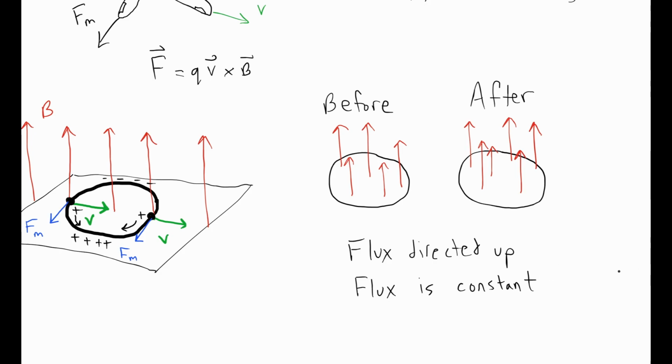And for that reason, we will have actually no induced current. Because the current doesn't have to replace any missing flux or stop any increasing flux, because flux is constant.